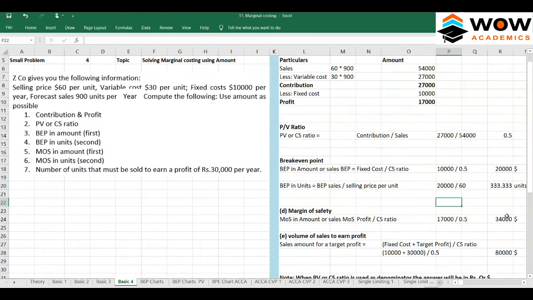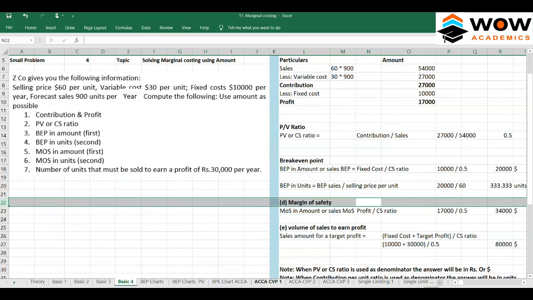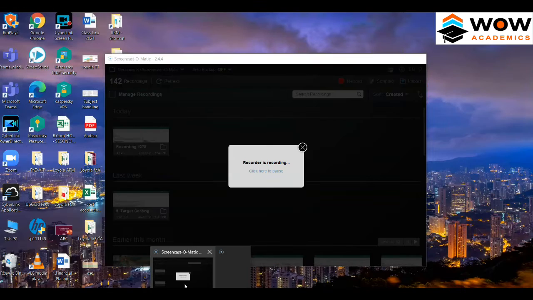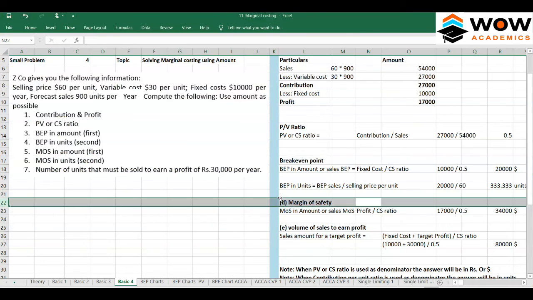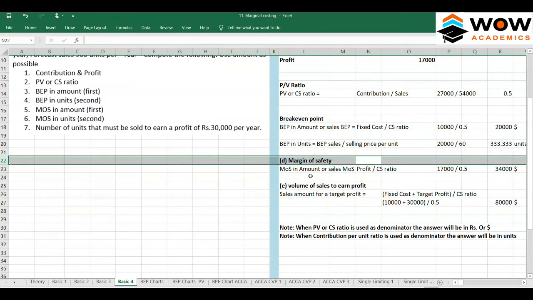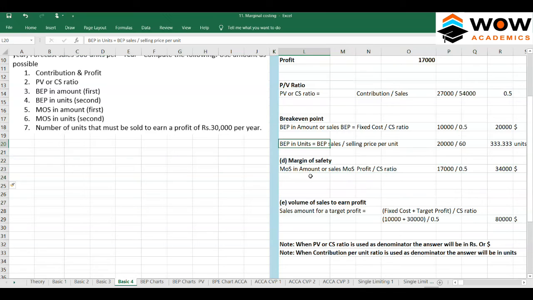So next one is MOS. So we can find out MOS sales. MOS in units we can find out in this manner. MOS units we can find out by MOS sales divided by selling price per unit.